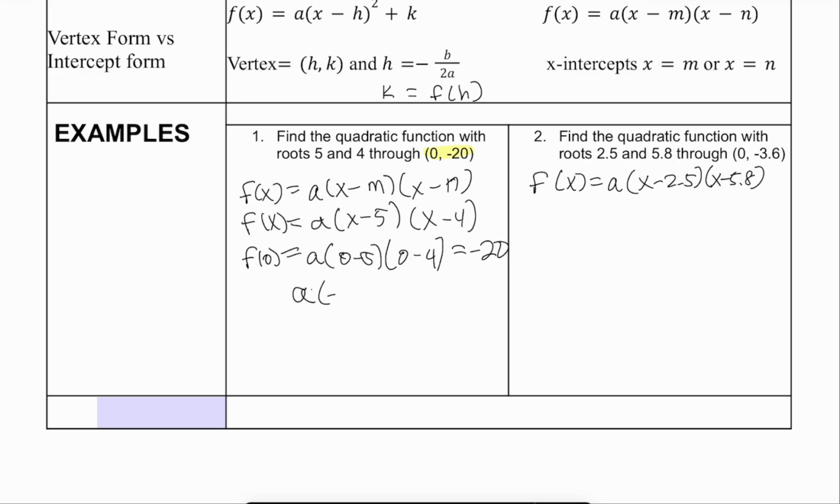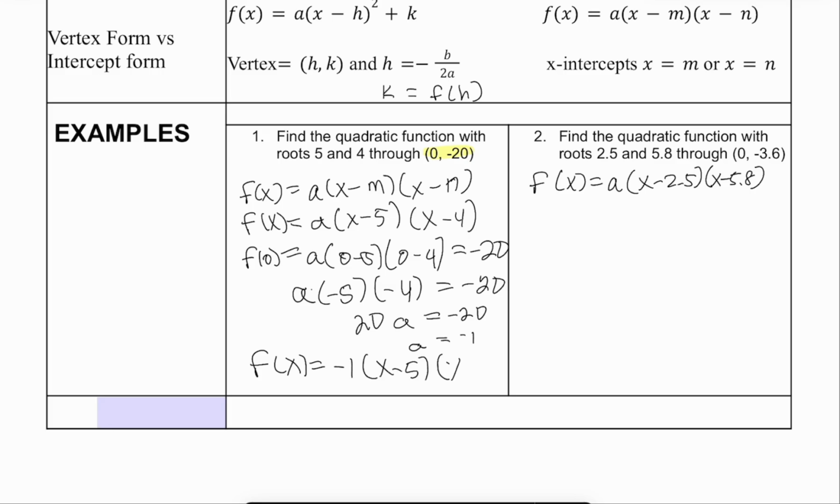So that's a times negative 5 times negative 4 should be negative 20, or 20a is negative 20. That's very easy to solve. Divide both sides by 20, you get a is negative 1. So f of x, now put everything back in. Our a value is negative 1, then we have x minus 5 and x minus 4, and then we are done.